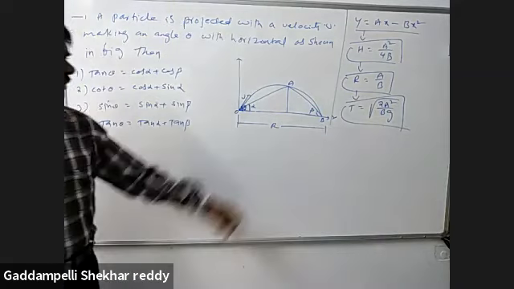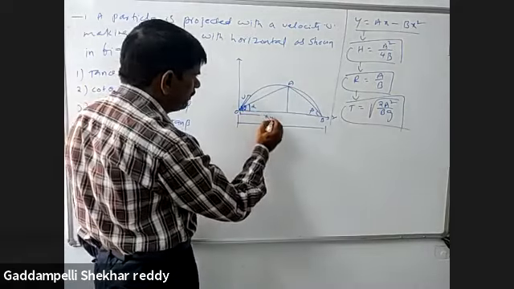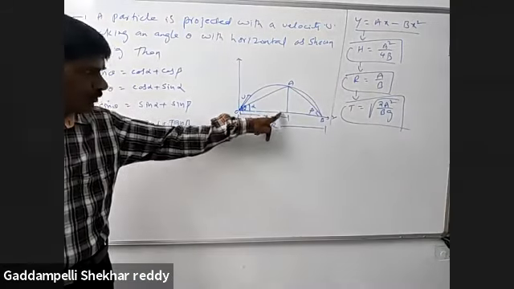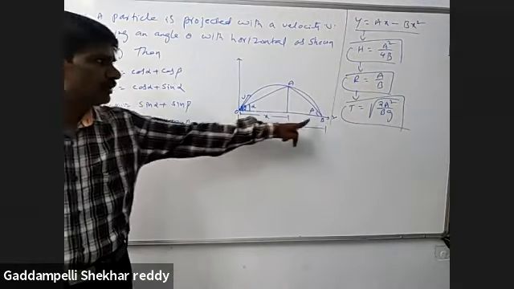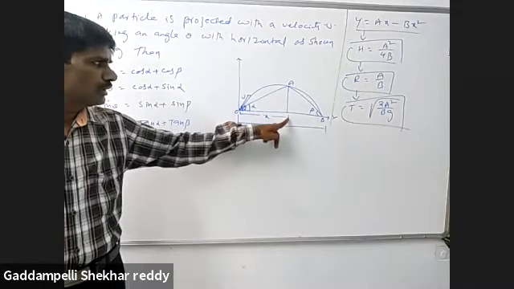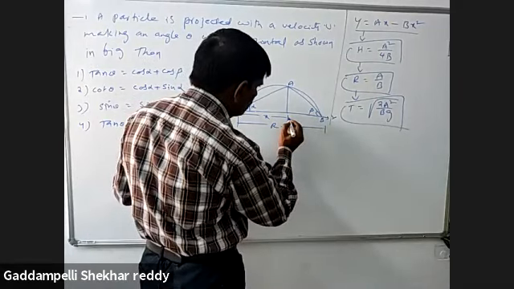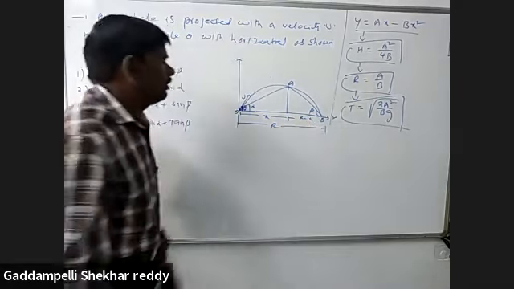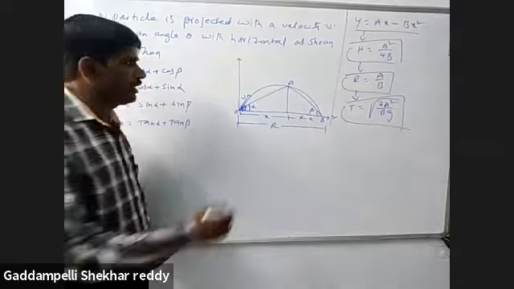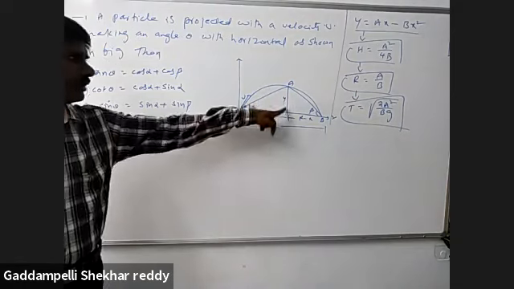That is known as horizontal projection. If the particle is at this point, let the horizontal displacement be x. So only the above part is given. At any position, the horizontal distance is equal to x. So the remaining distance from this point to this point is r minus x. Here the projectile reaches the highest point, and we consider the highest point as y.